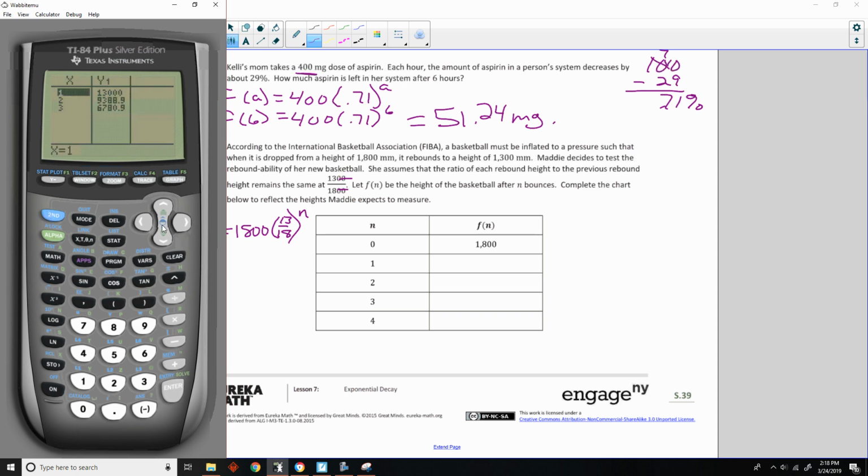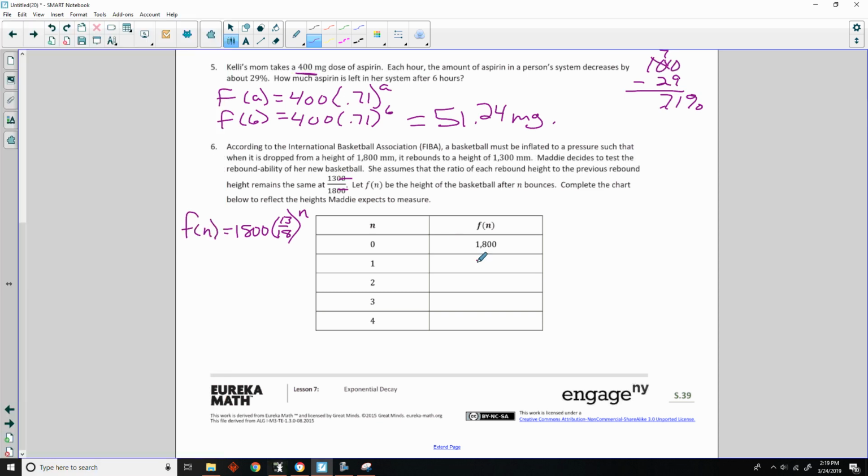And I hit the table and plug in 0. Oh, that's 18,000. I have too many zeros in my equation, so I'll delete one. Now it's 1,800 and it matches. Then I enter 1, and that's 1,300.